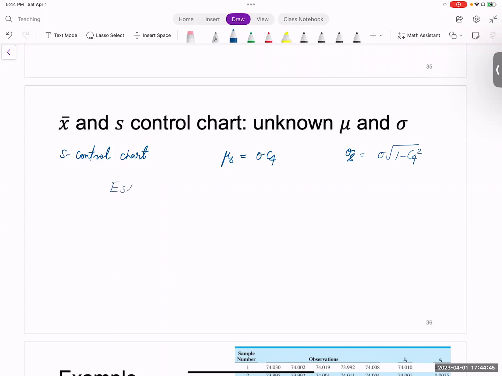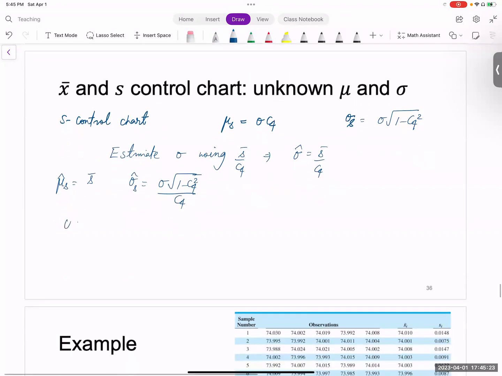We estimate sigma using S bar over c4. So now I have sigma hat equal to S bar over c4. So I can say mu of S hat is S bar, as c4 gets cancelled, and sigma of S hat is equal to sigma times square root of 1 minus c4 squared divided by c4. And now we have everything in place.